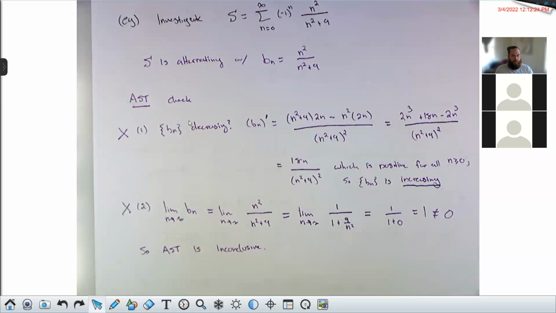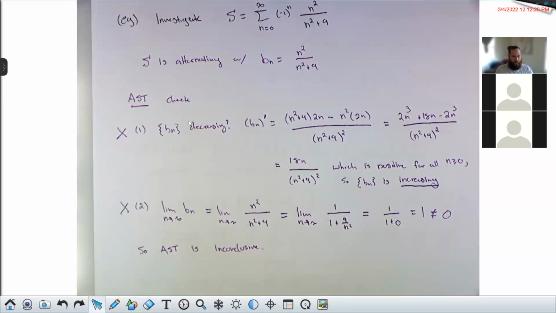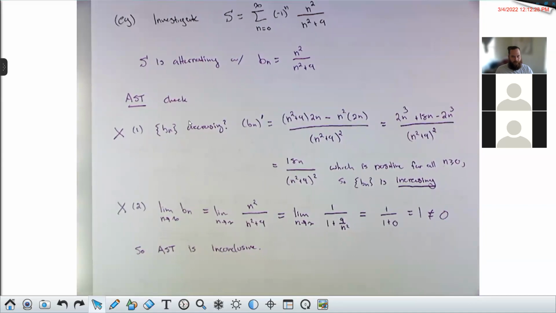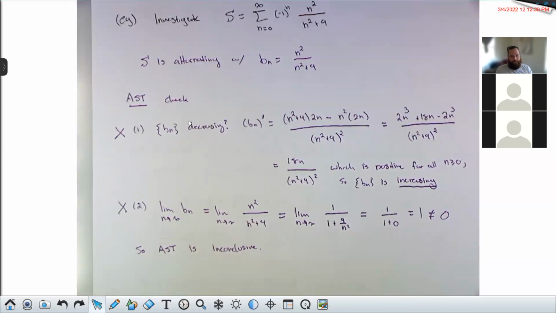So we need to think of some other way to approach this problem besides the alternating series test. And the hint here comes from the second item. I can't use direct comparison because this is not a series of positive terms.